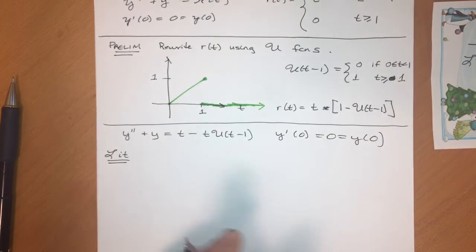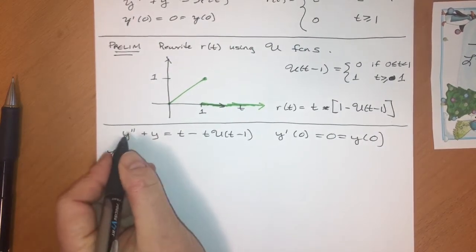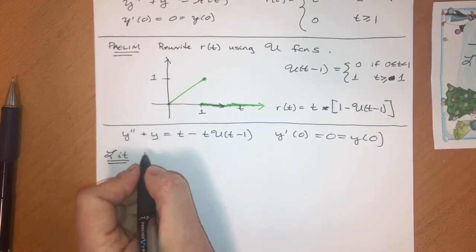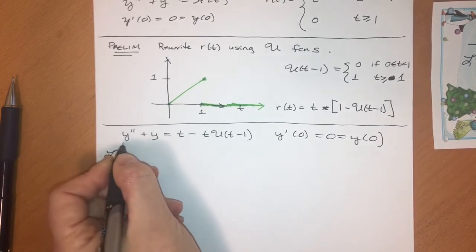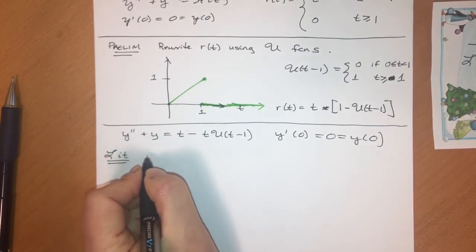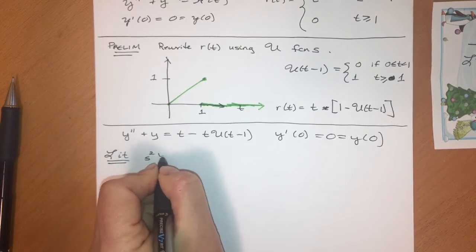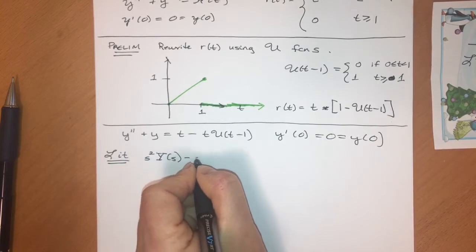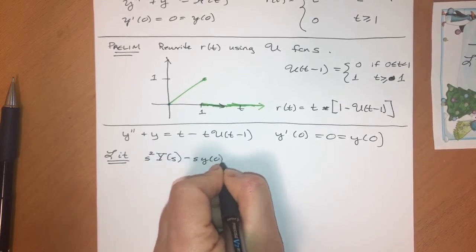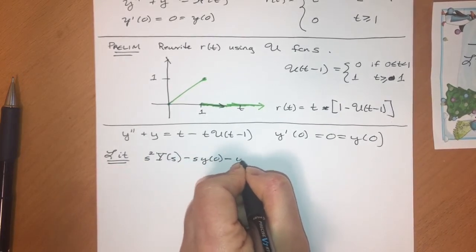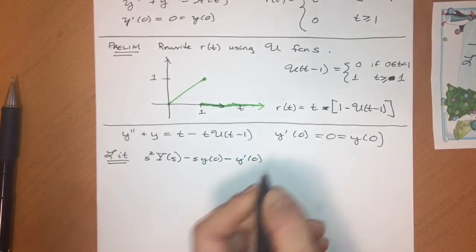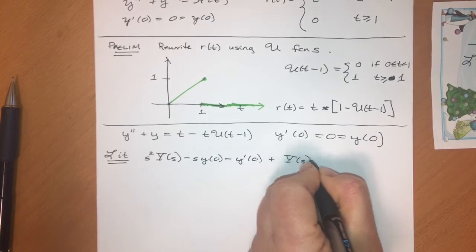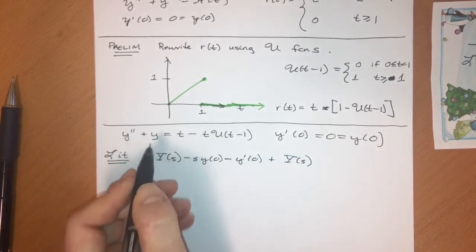I'm going to switch my notation and use a capital Y when I hit the Laplace of the derivative and the function. So my Laplace of y double prime will be s squared capital Y of s minus s y of 0 minus y prime of 0, and then that will be plus Y of s, because that's what's happening here.